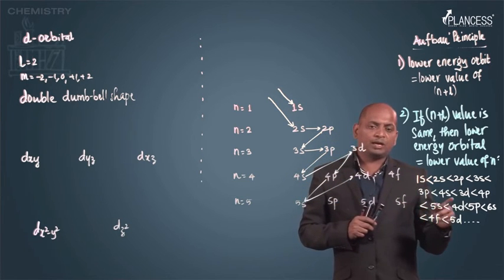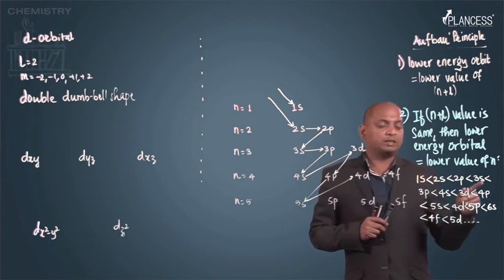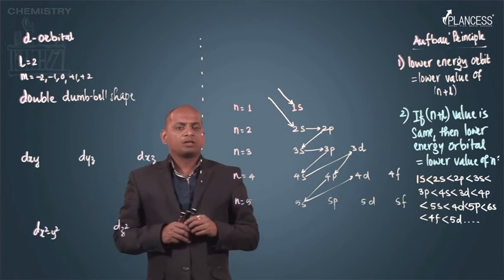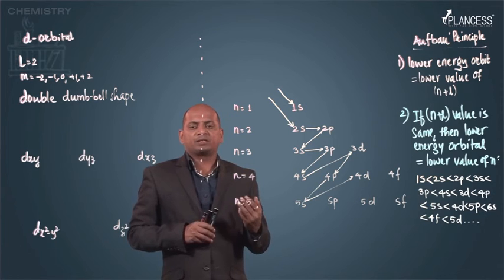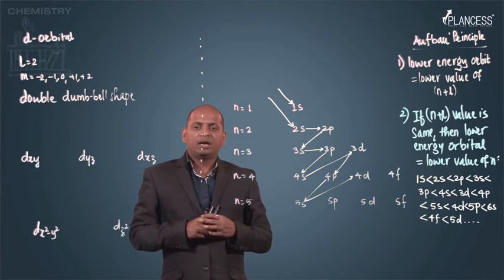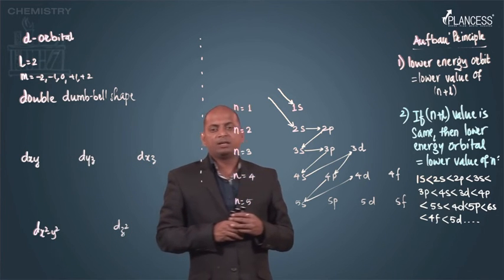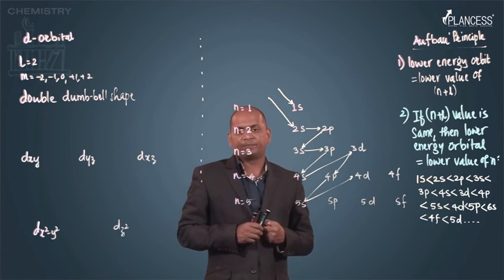What the electronic configuration will be for some of the elements, and how many electrons we have to add in each orbital, we'll discuss in the next session. Thank you.